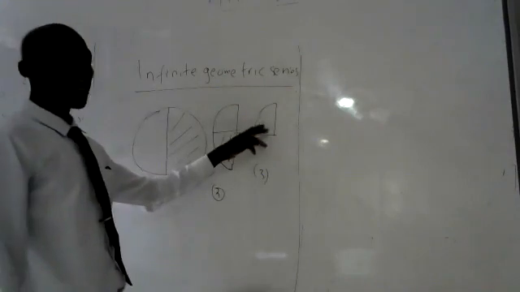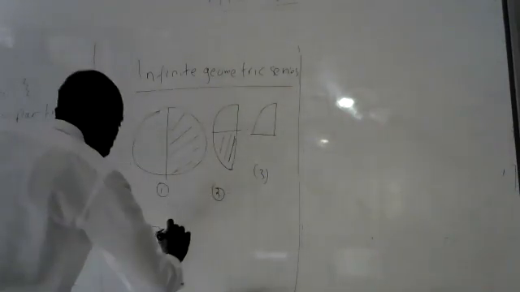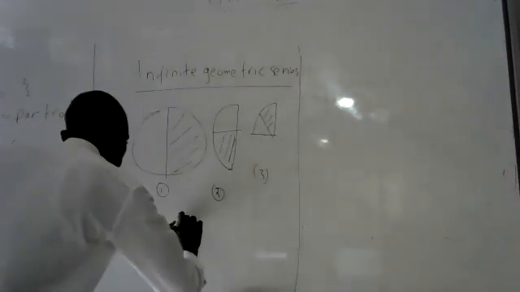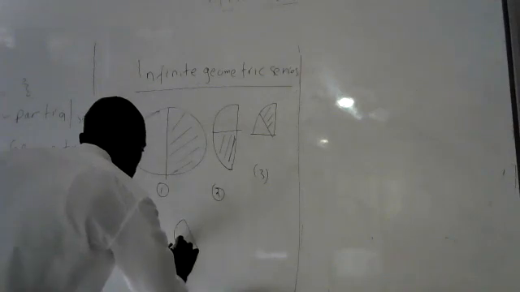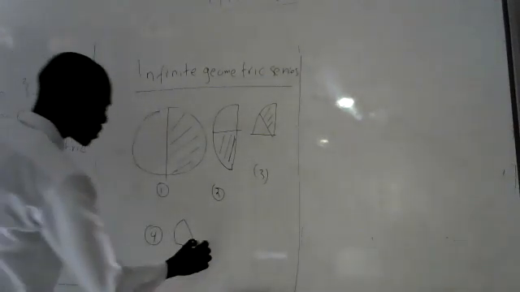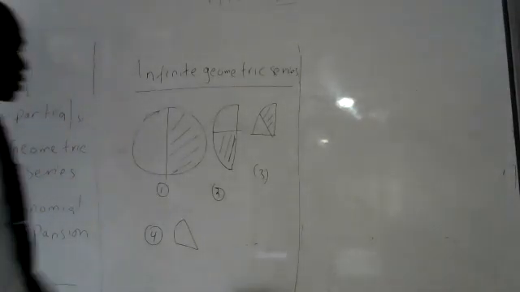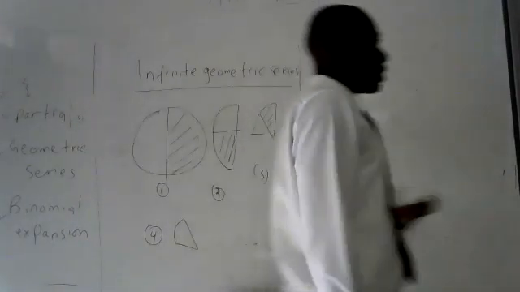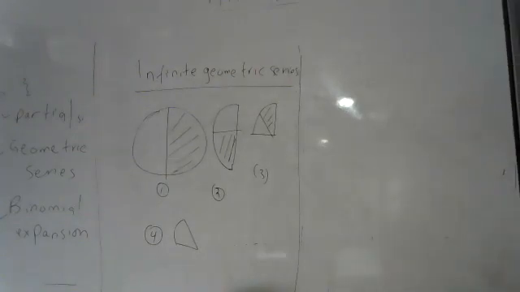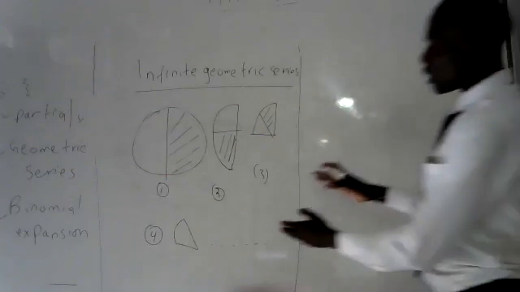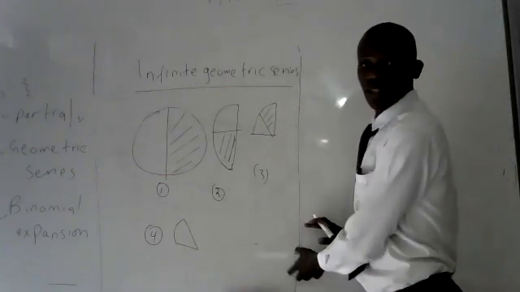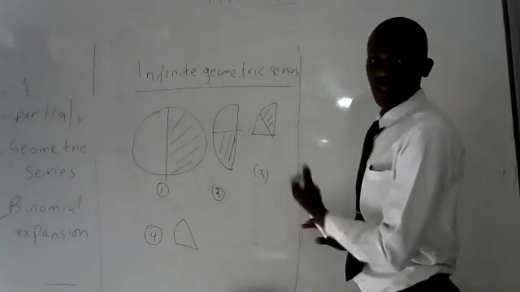Again, at stage 4, I eat half of this. So that will be something like that, and this is what I'm remaining with. And this process goes on and on. This process seems unending. Remember, as the stages increase, the quantity you are eating also decreases.